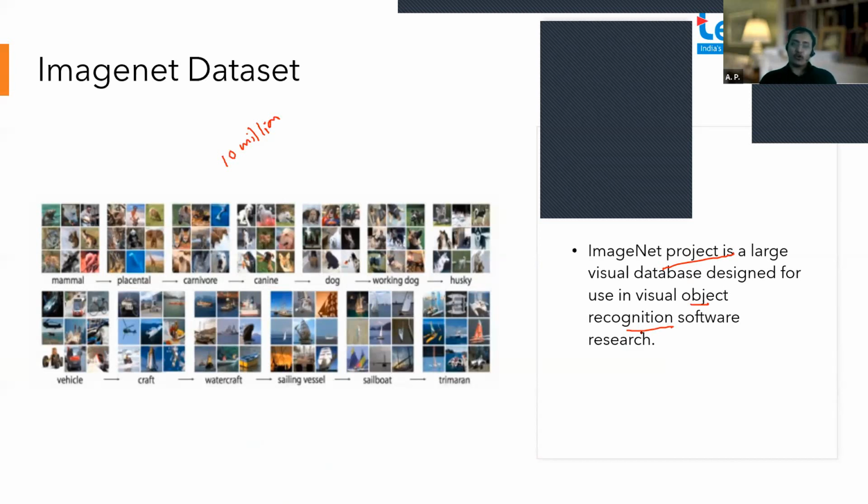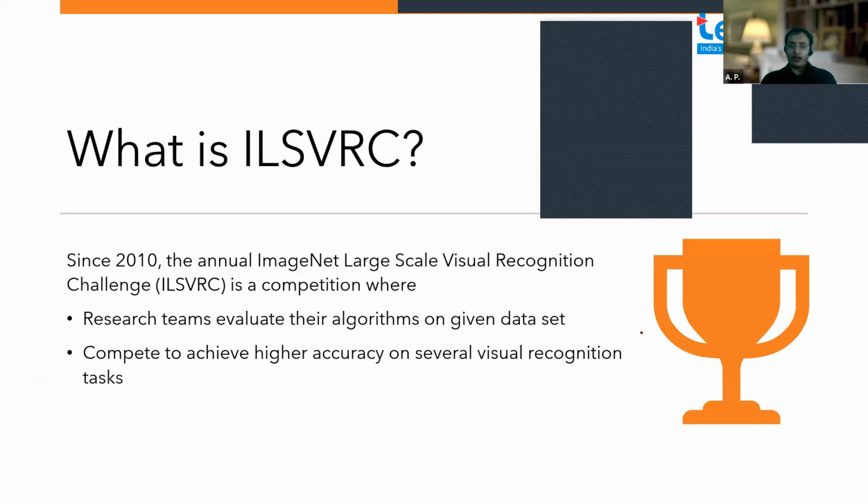And then they launched the competition ILSVRC, the ImageNet Large Scale Visual Recognition Challenge, in 2010. They took a few years to prepare the data set for that. In 2010, they launched this competition, and a number of research organizations across the world participated in it till 2017.